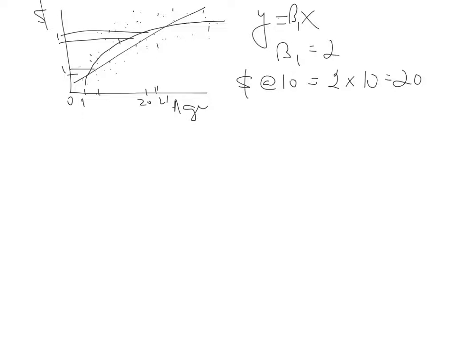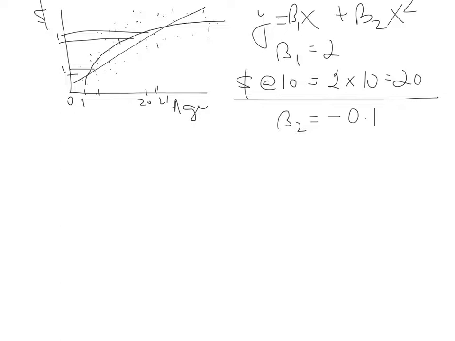Now, if we change the model and add that quadratic term, so now we have x squared, what it does is when I'm expecting now, I want to try to figure out what the earnings is at 10, right? And let's say beta 2 is estimated to be negative 0.1, let's say.